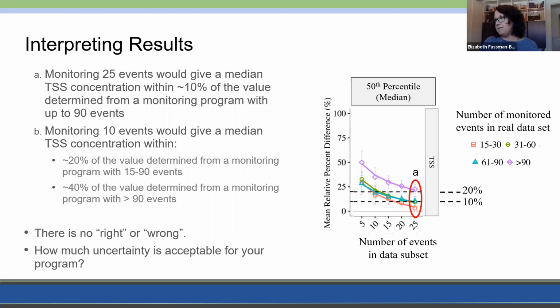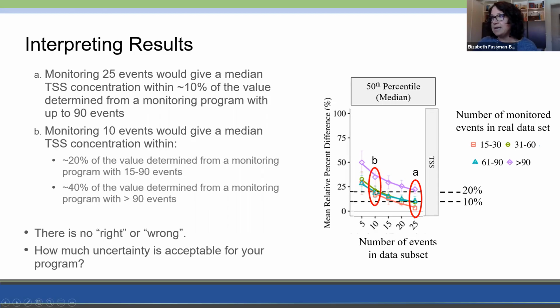So what this says is if I monitored 25 events, we can see that for parent data sets of 15 to 90 data points, the median value predicted by any of those smaller monitoring programs would be within about 10% of the value that you would get if you had sampled 90 events, right?